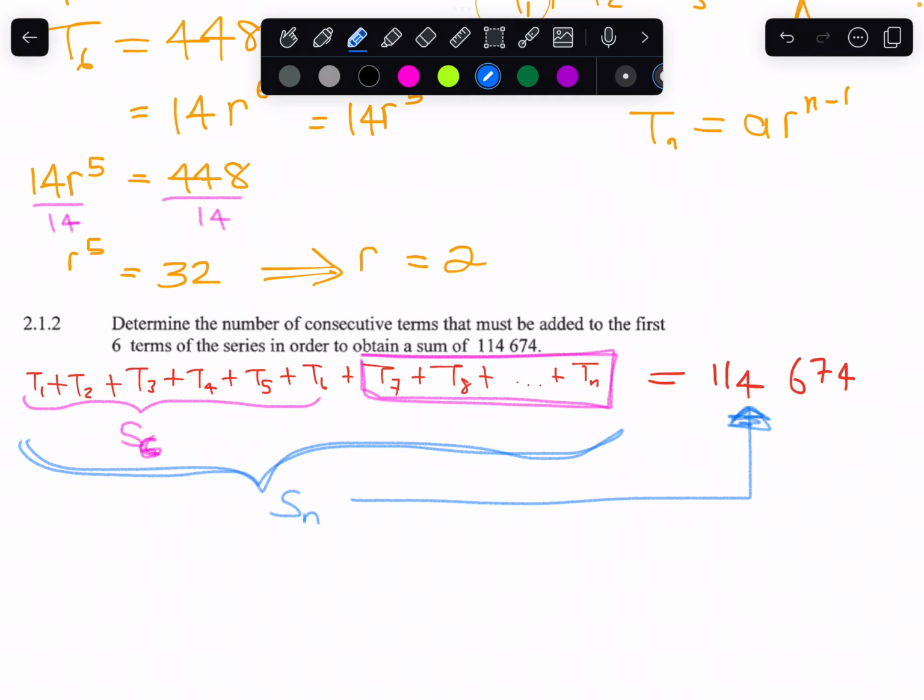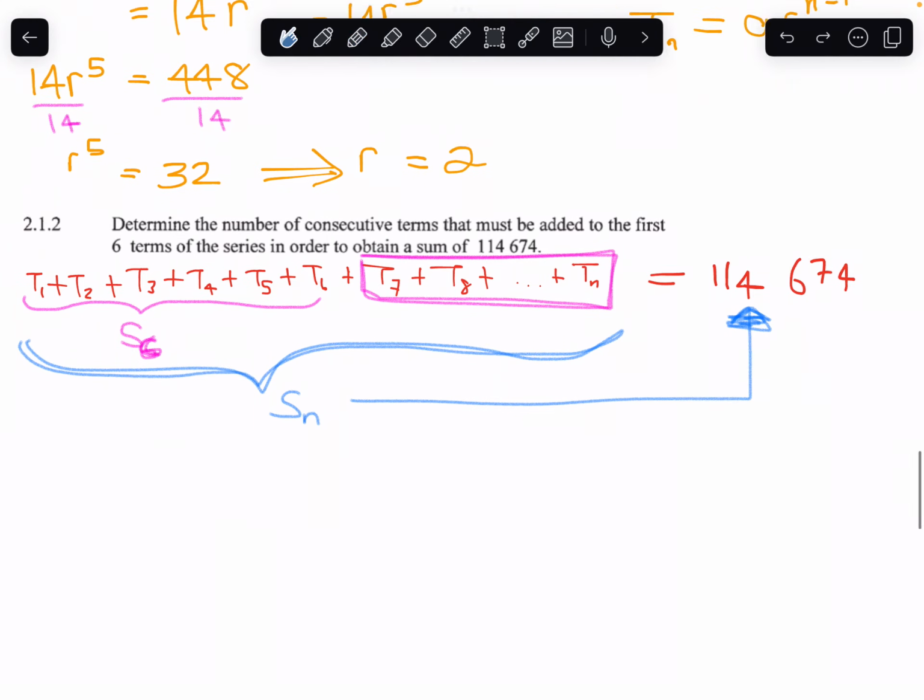Once I know that, I already have these 6 adding up to something, so the rest give me the top up to 114,674. So let's start by figuring out S6.